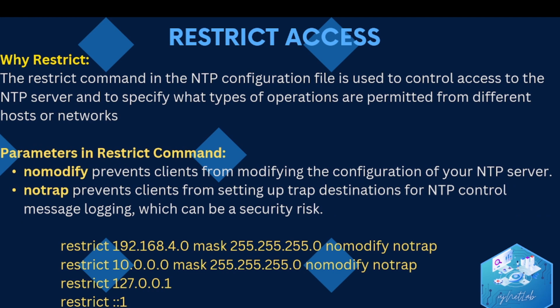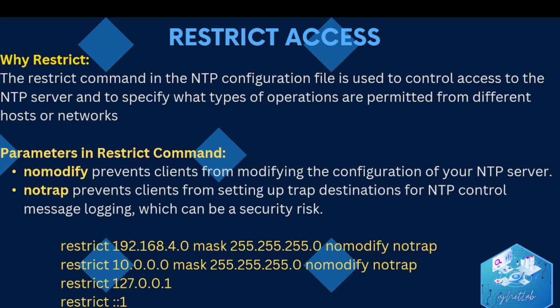We need to restrict also, because maybe other clients can also request the NTP, but we want to limit it to our own domain, which is ujNetLab. And there are some parameters which we need to configure, which are nomodify and notrap. What does nomodify do?